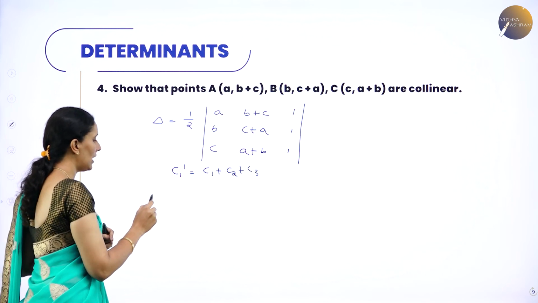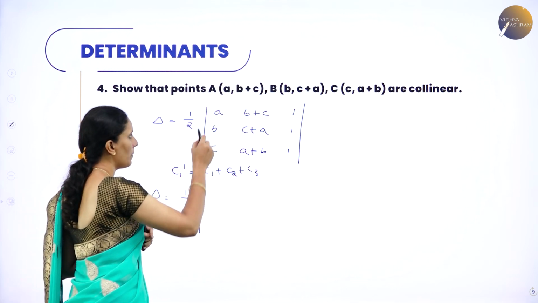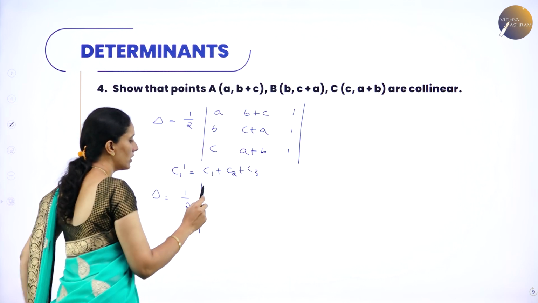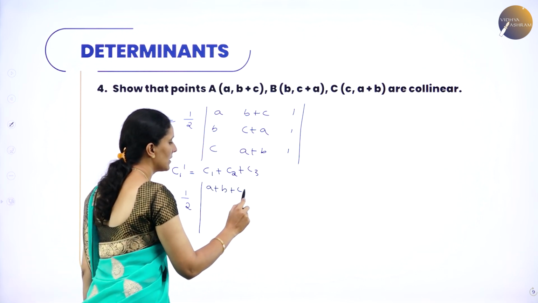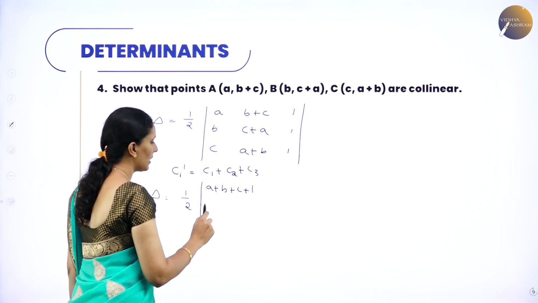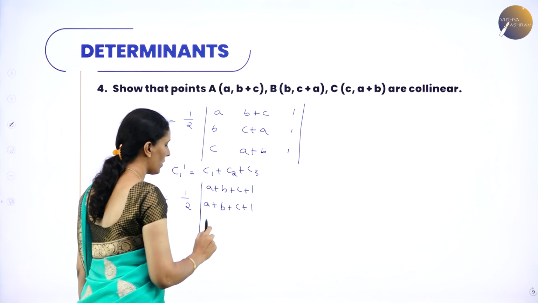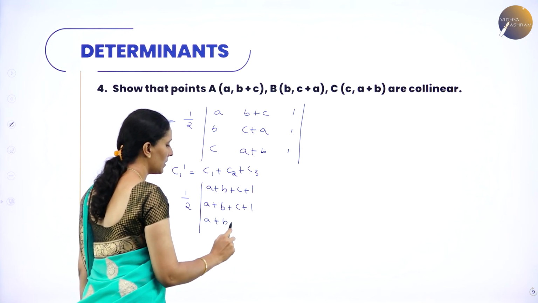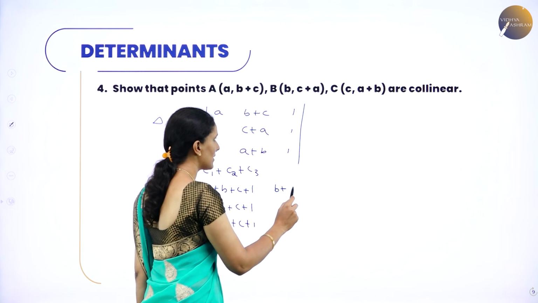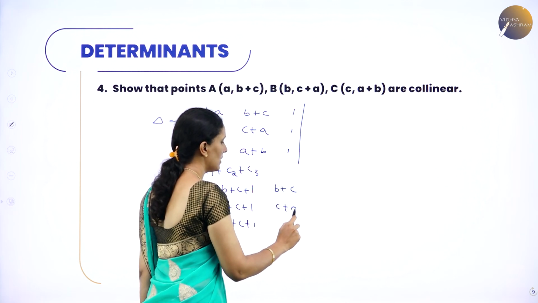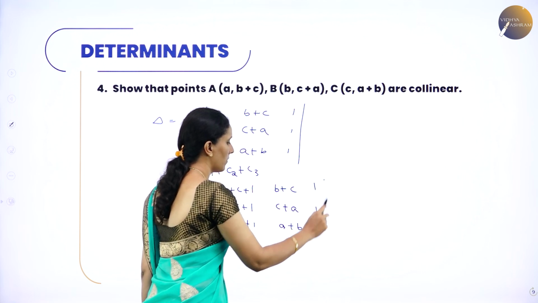So, therefore, delta becomes half of the determinant where the first column element is the sum of all. So, this becomes a+b+c+1. Similarly, this becomes a+b+c+1, a+b+c+1. And the remaining elements you can write as they are: b+c, c+a, a+b, 1, 1, 1.